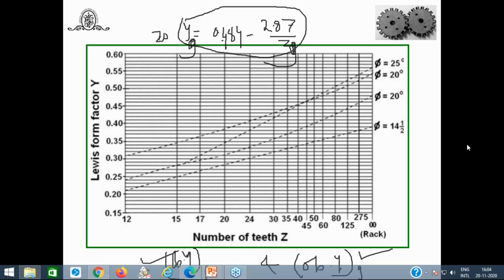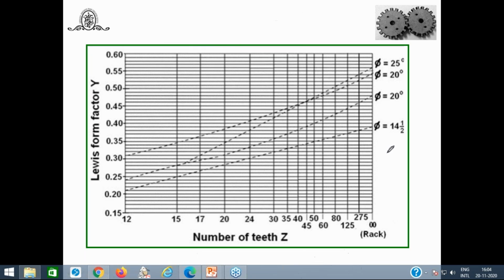In this way, we have discussed the beam strength of the gear tooth by using this equation, SB is equal to M into B into sigma B into Y. We can easily find out the beam strength, where M is the module, B is the face width, sigma B is the bending stress, that is SUT by 3, and Y means the Lewis form factor. How to select the Lewis form factor?